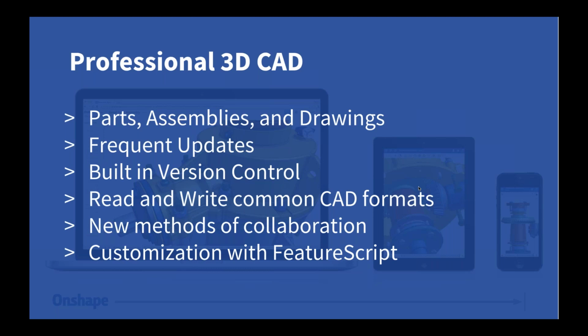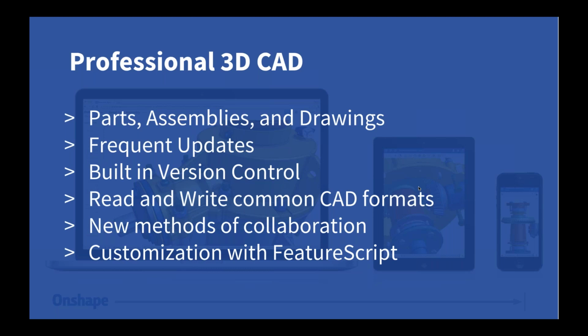The next thing I want to mention is entirely new methods of collaboration. This is something that's very unique to Onshape. No other CAD system will give you this, and that's the ability to collaborate in real time on the same model. If you share your document with someone and you make a change, they instantly see that change in real time. So real time, simultaneous collaboration between users.